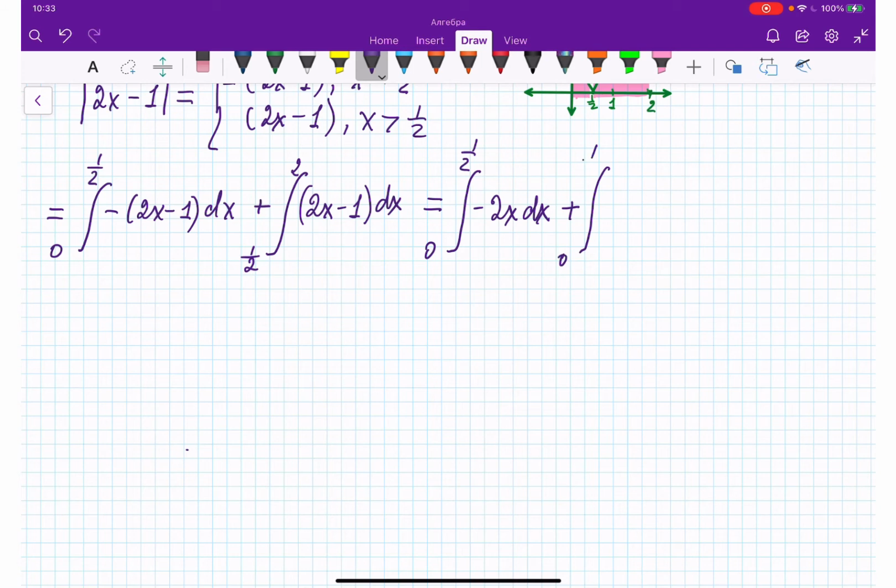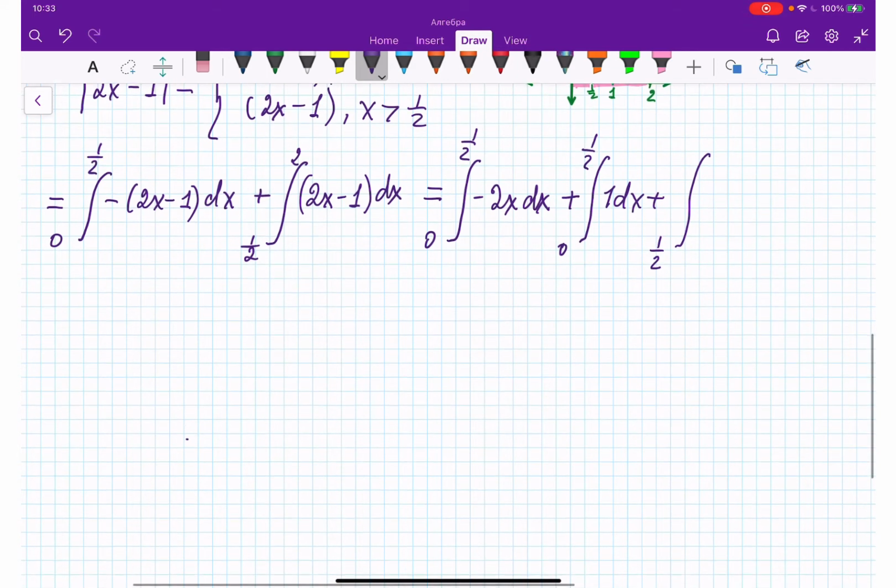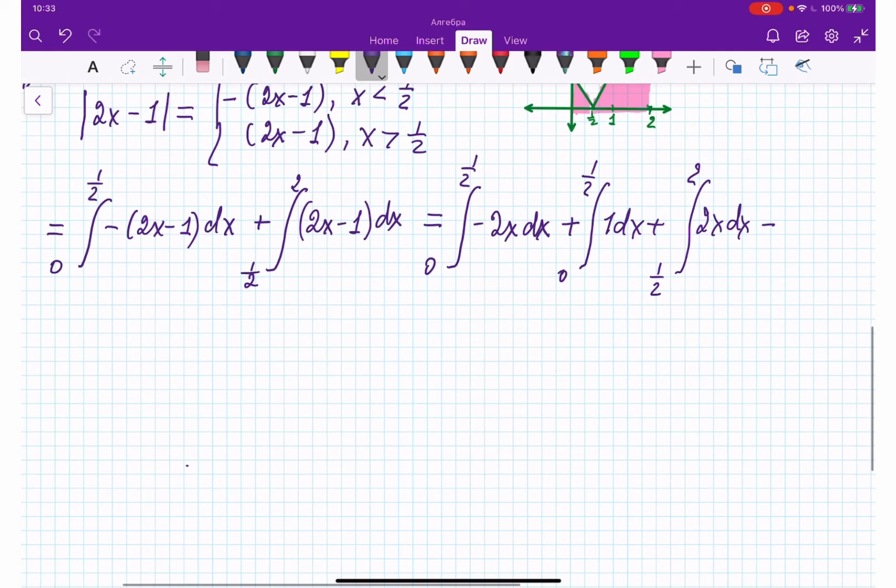0 to 1/2 of 1 dx, plus 1/2 till 2 of 2x dx, and minus 1/2 till 2 of 1 dx.